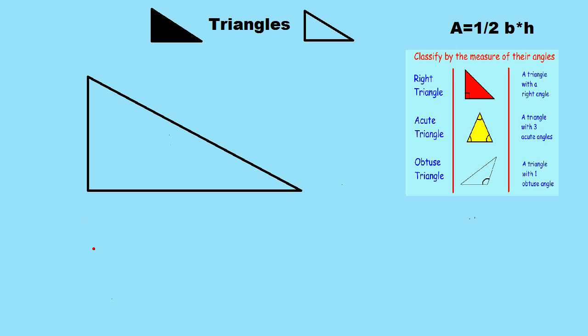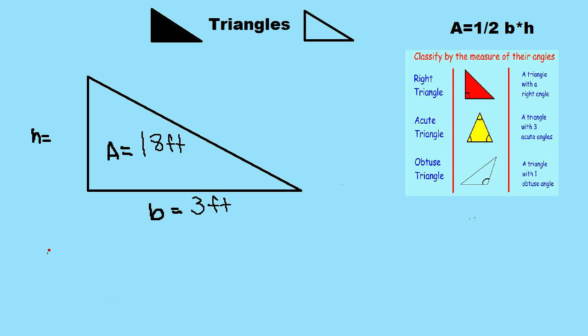Alright, so let's look at another problem now that's going to give us a different set of information. So our area is going to be 18 feet and our base is 3 feet. So this is different in which normally we had our height and our base, but this time we have our area and our base.